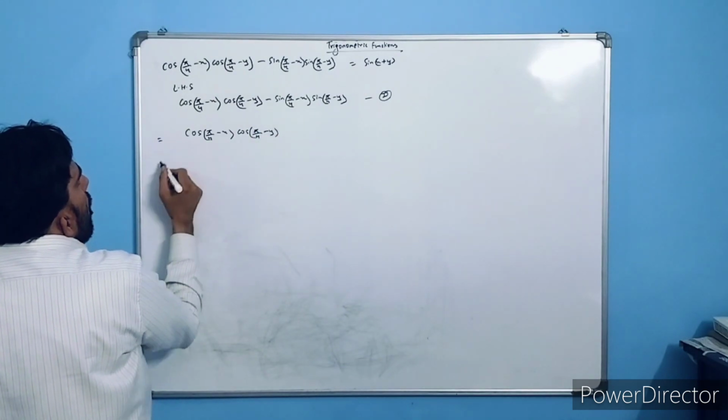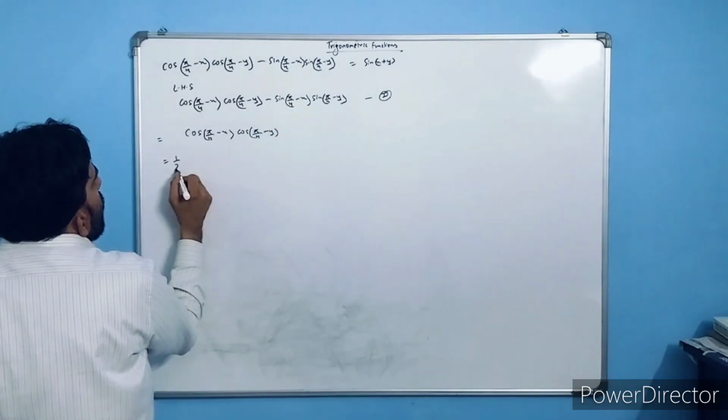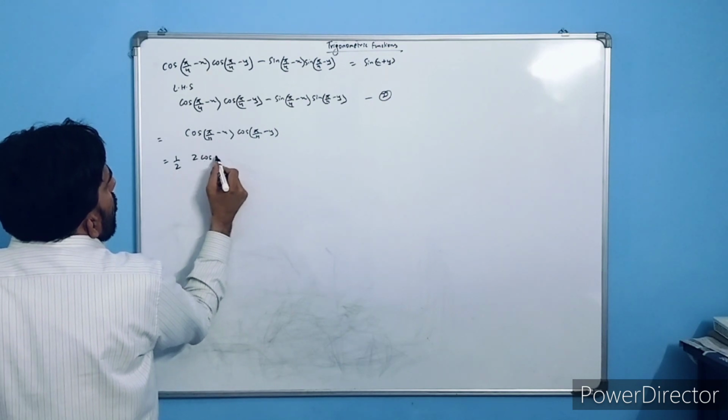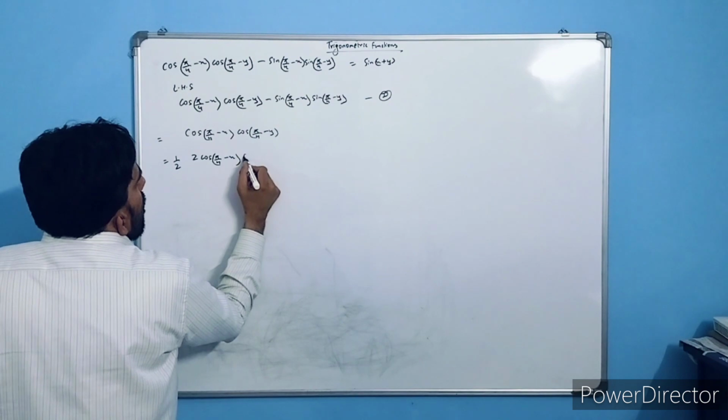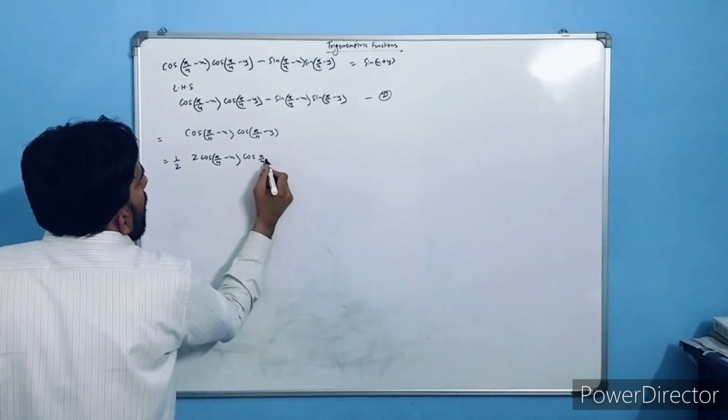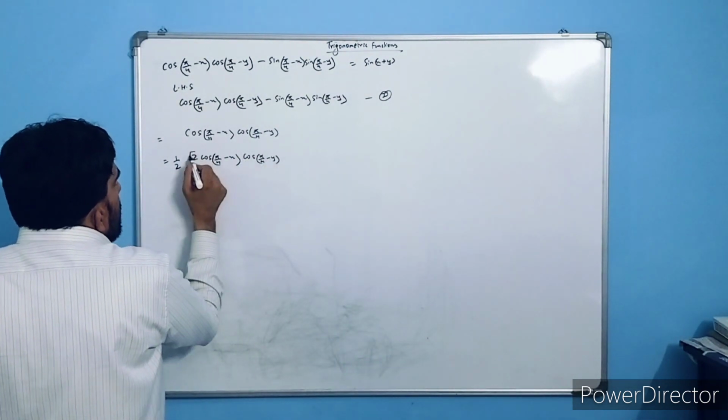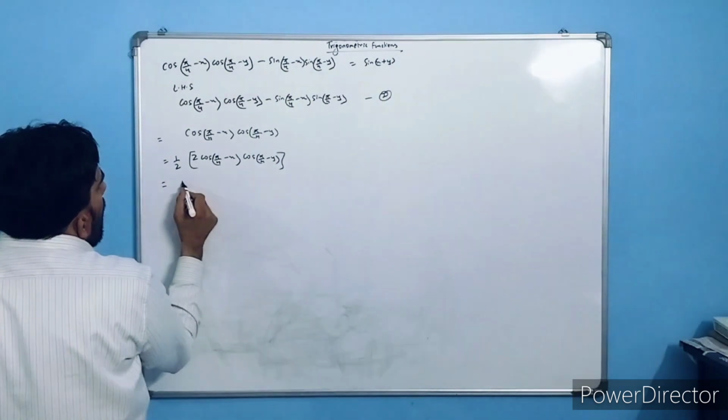What we will do? Multiply it with 2 and divide it by 2. So 2 cos (pi by 4 minus x) cos (pi by 4 minus y). Okay. Now we can apply the formula here.